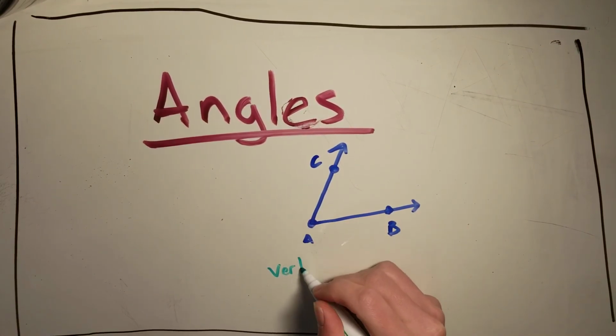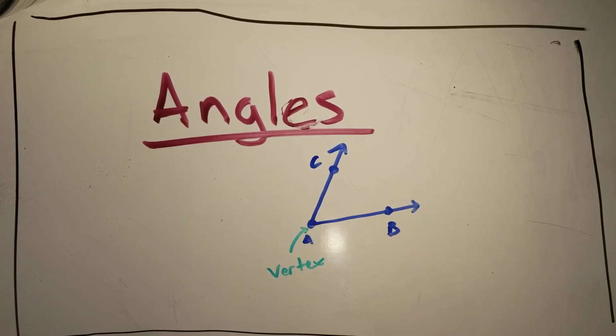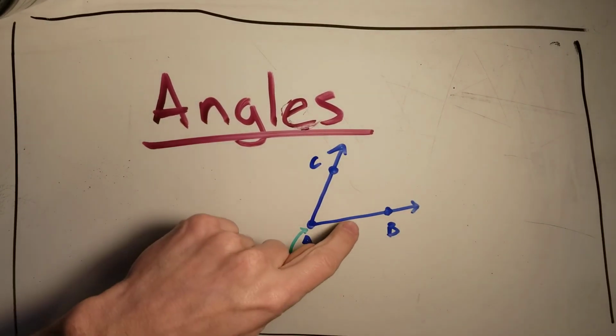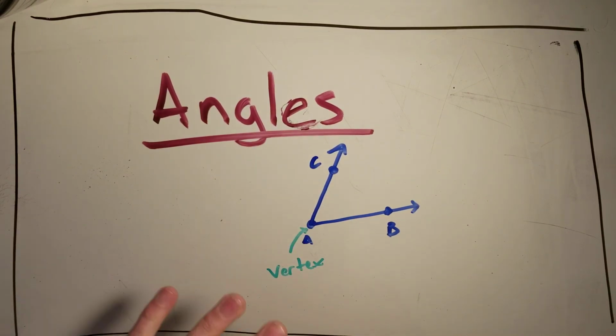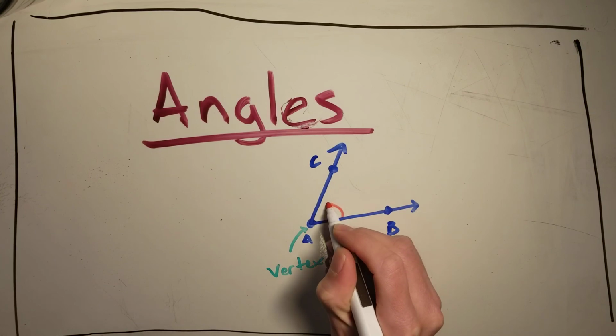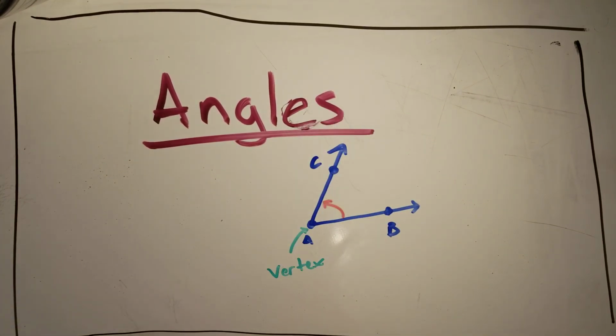So the vertex, the end point of each ray is what they share, and it's measuring the amount of turn you have. So what that means is, if you were rotating like around A was like your center, it's how much did you turn from this ray to get to this ray. So how much have you turned? That's what the angle is measuring.